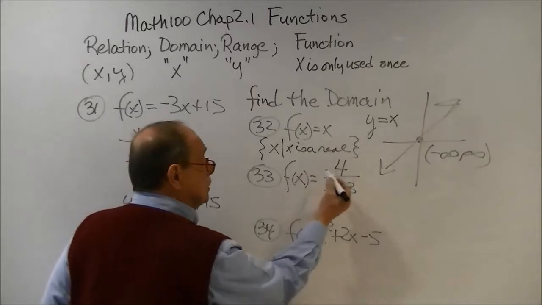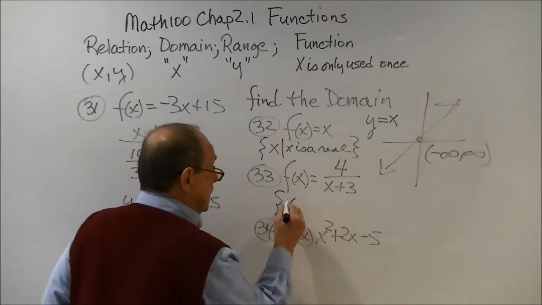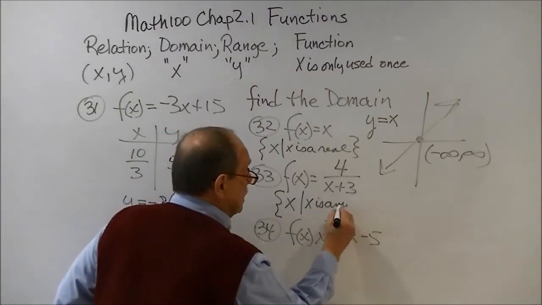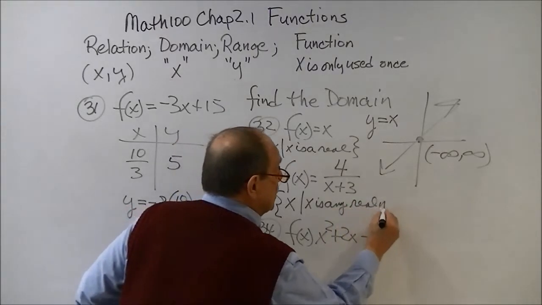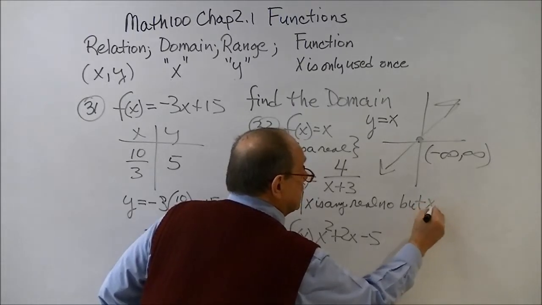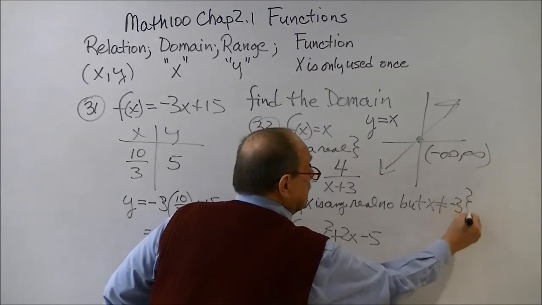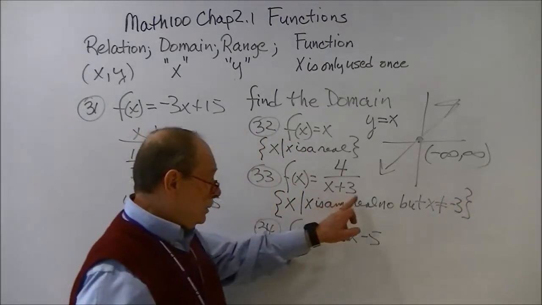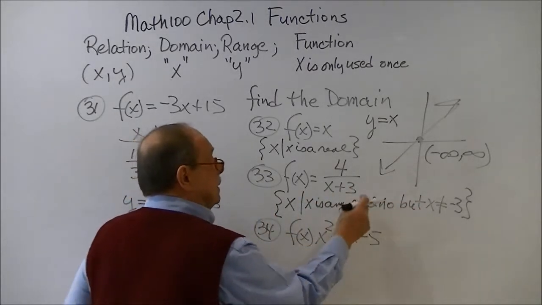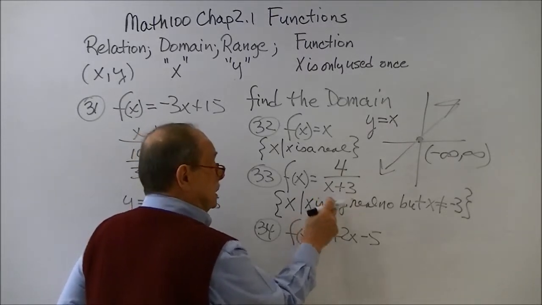So when you're talking about the domain in which x is in the denominator, you're saying x is any real number, but x cannot be negative 3. So you are excluding from the domain of values of x that number that would make that denominator a 0. And that's how you write it.